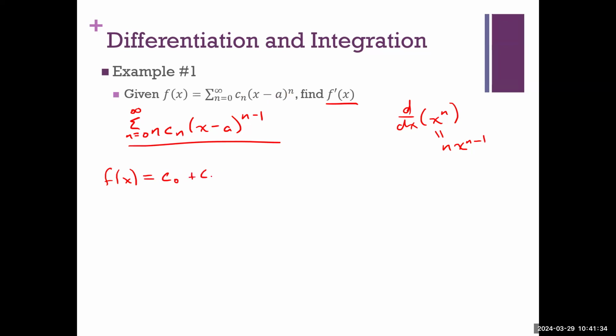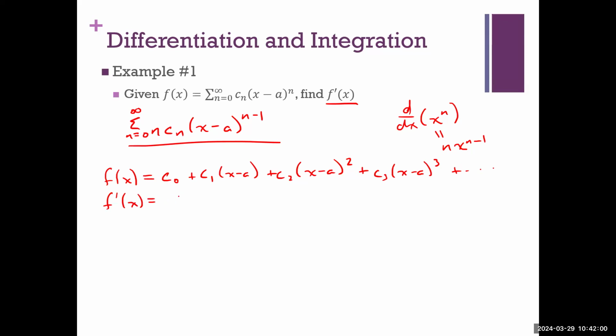And then plus C of 1 times what? x minus a. Plus C of 2 times x minus a squared. And I'll do one more. Plus C of 3 times x minus a cubed. So this is basically a polynomial, right? I've just got a bunch of terms all added together. Can I find their derivative?